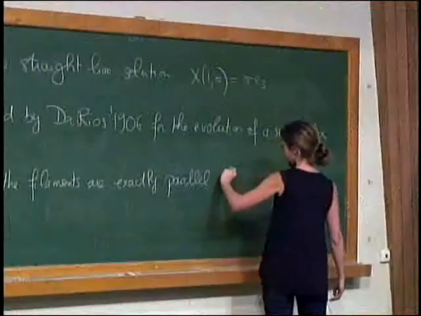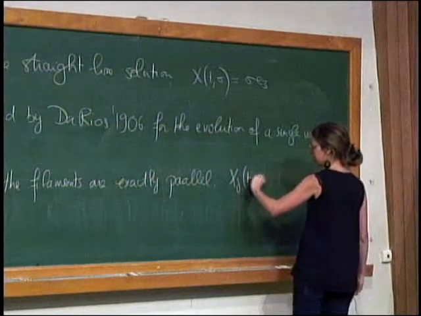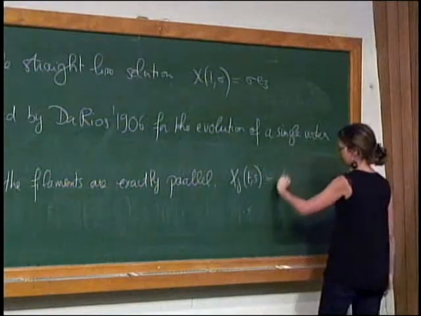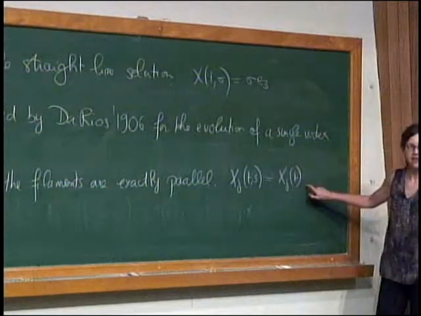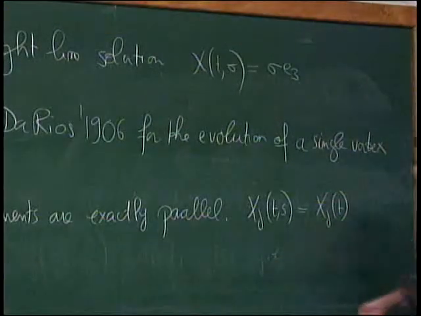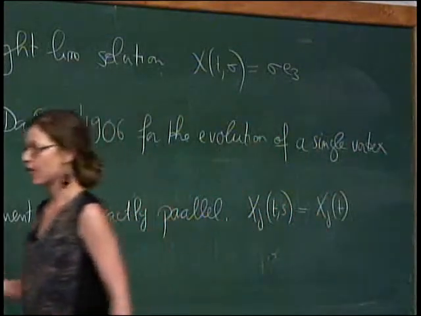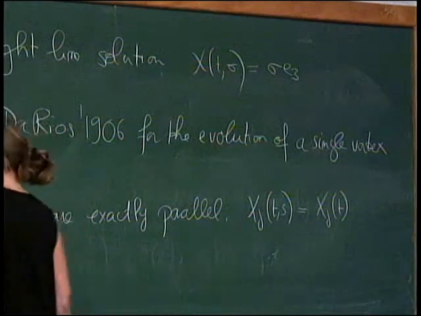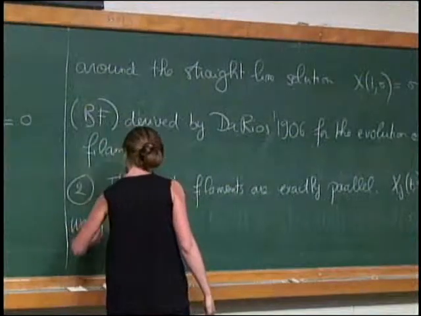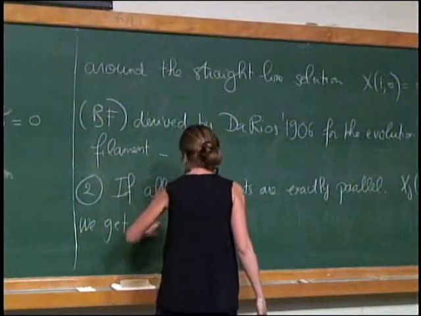So this amounts to saying that Xj of t and s can be written as Xj of t, not depending on s. Then we get rid of the Laplacian part in the system of equations, and we get a system of ODEs, which is called the point vortex system.